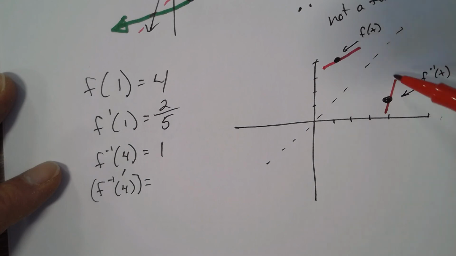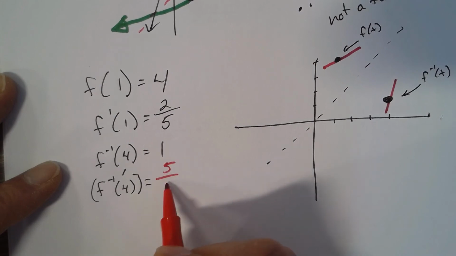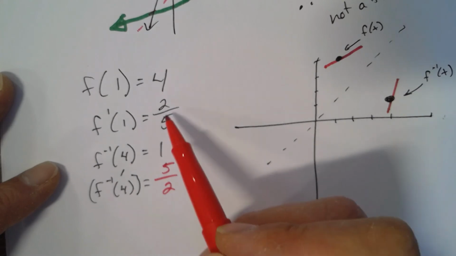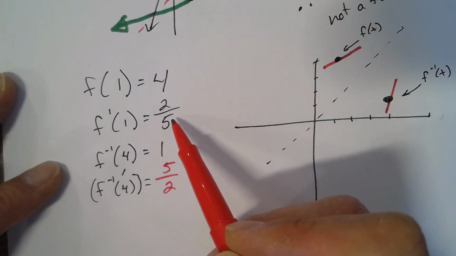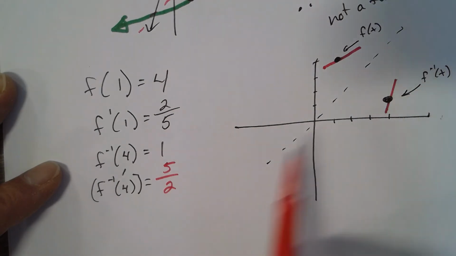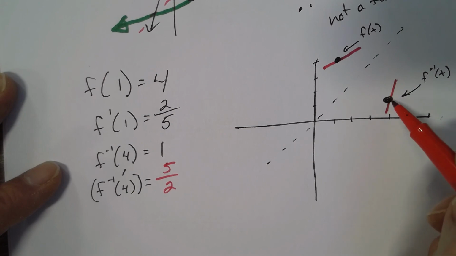So if it's symmetrical with y equals x, but it's not perpendicular to it, it's the reciprocal of it. So you just find the reciprocal of our original function, and it'll be the derivative at the corresponding inverse point. Okay, so if that's 2/5, then this would be 5/2.